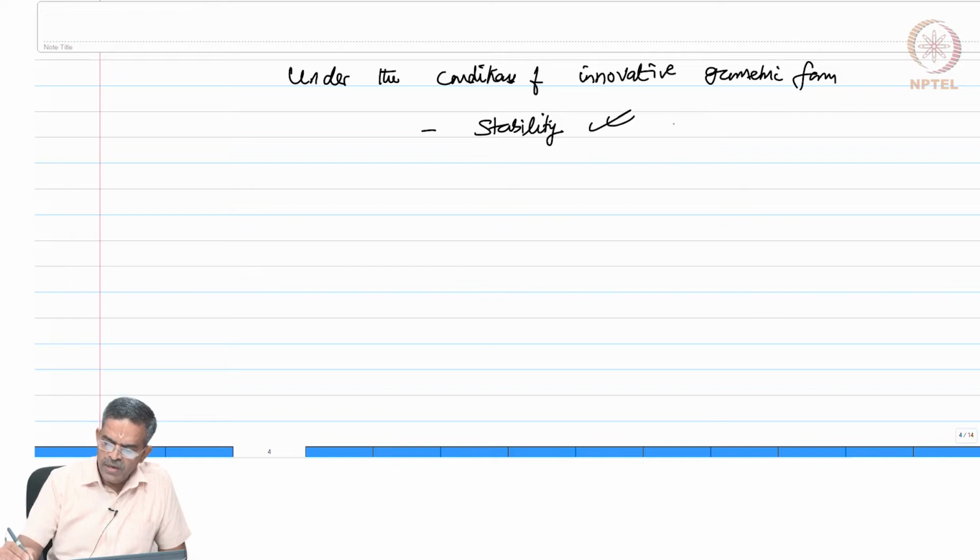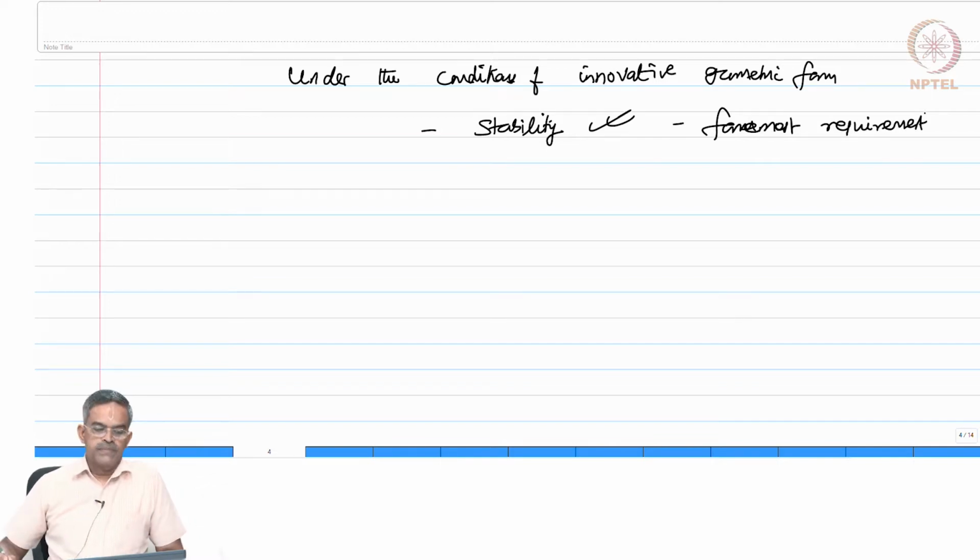So, stability becomes the foremost requirement. This is much more important when you talk about structural systems where form dominant design is invoked.